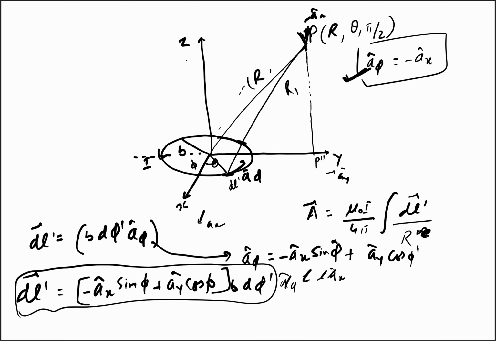So you see that this element will be giving in this y direction this component, and in this direction this component. Similarly, the other will be giving in this y direction and in this direction ax. So both of these current carrying elements are contributing in ax direction, but their contributions in ay direction are cancelling each other.